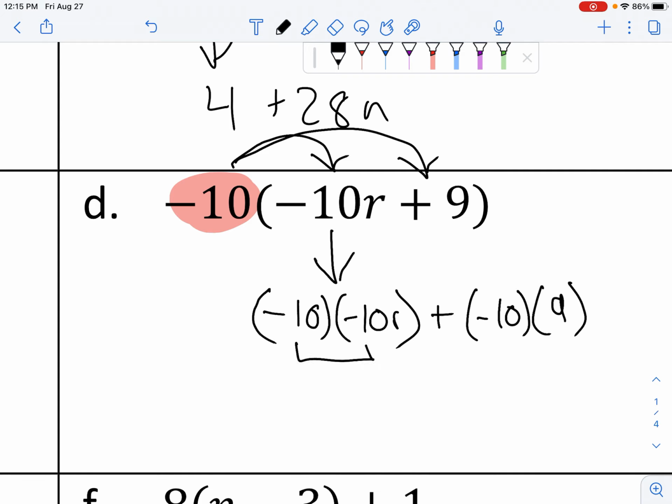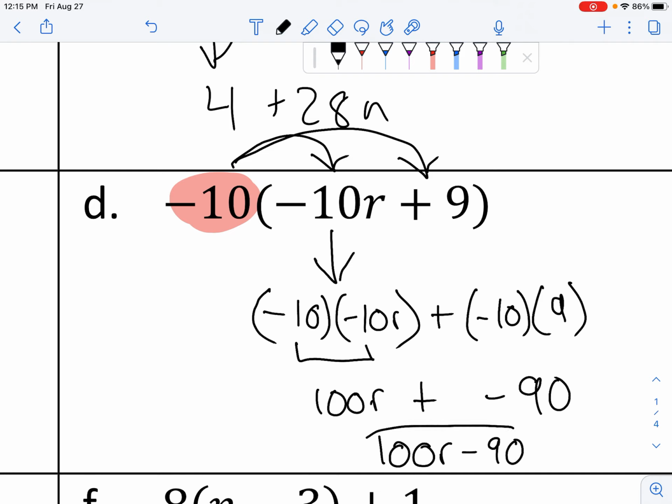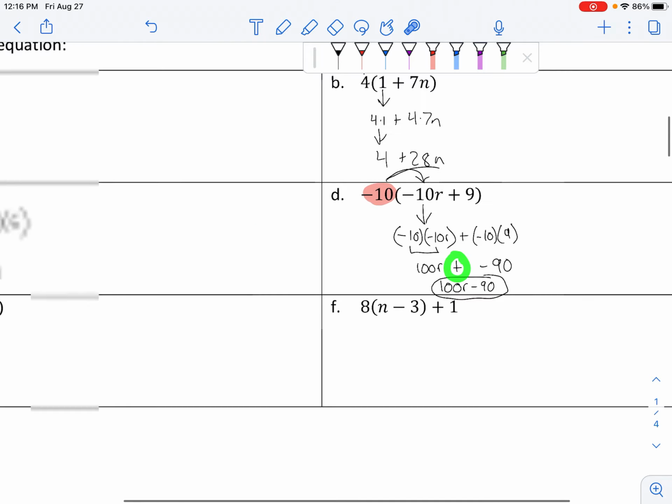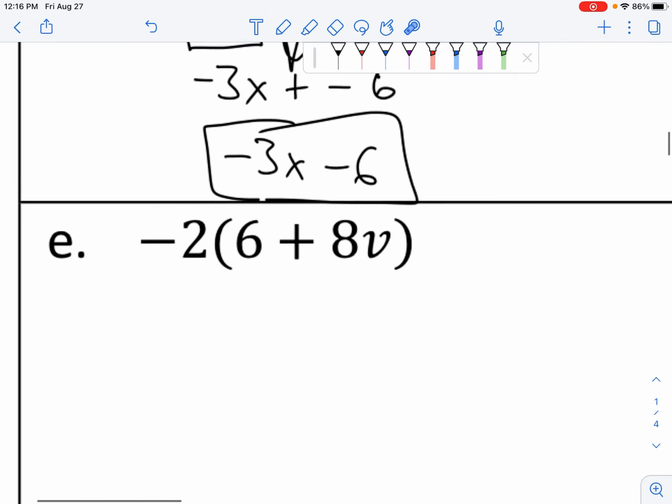And so these would make 100r positive, and these would make negative 90. And again, really the simplest way to write this would be 100r minus 90. So all of these extra steps that I'm writing, you don't necessarily have to do, especially this one, but I do just want you to see what's happening here.